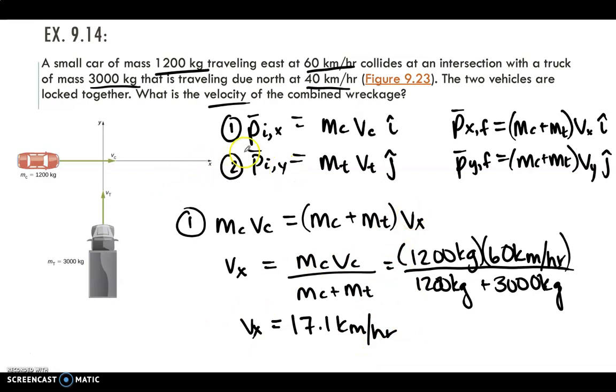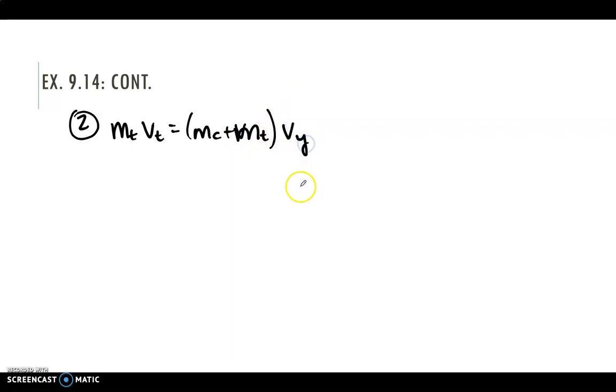Now we need to do part 2 here. So we have to look at the y direction. For 2, we have mt Vt is equal to mc plus mt times our final velocity in the y direction.